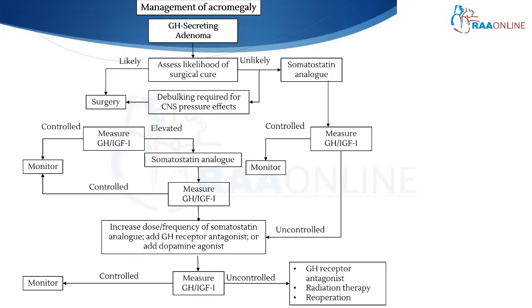So, this is how you essentially work through the management of acromegaly. So, from this it is very clear that if surgery is yes, you treat the patient with surgery, and if there is growth hormone excess, you add somatostatin analog. This is surgery plus somatostatin analog. If surgery is no, you directly start off with medical management, somatostatin analog.